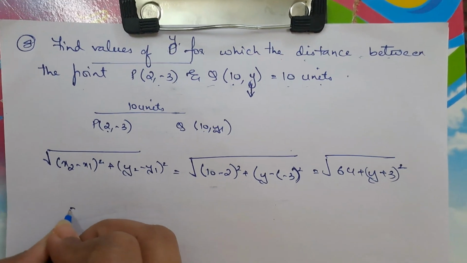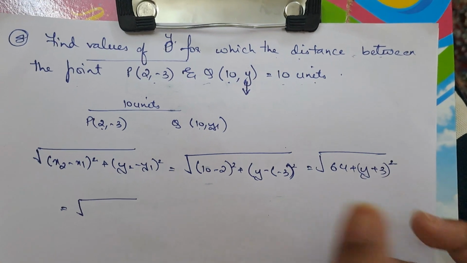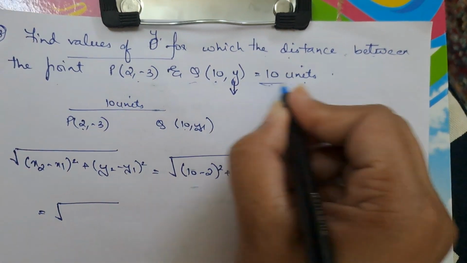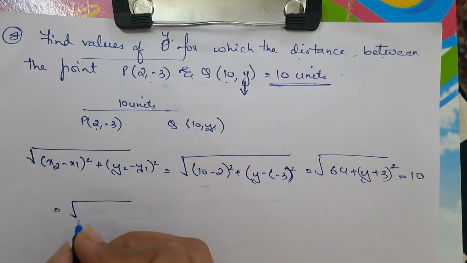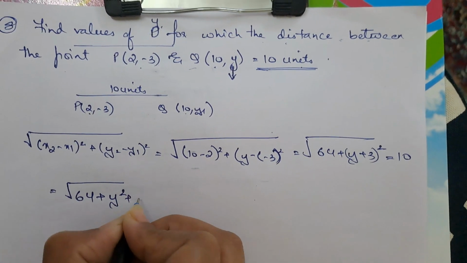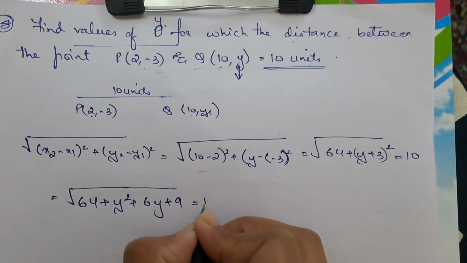So when I expand it, it becomes root of 64 plus y square plus 6y plus 9, and this distance eventually is given to me as 10 units, isn't it? It is given written here. So I'm going to expand it.